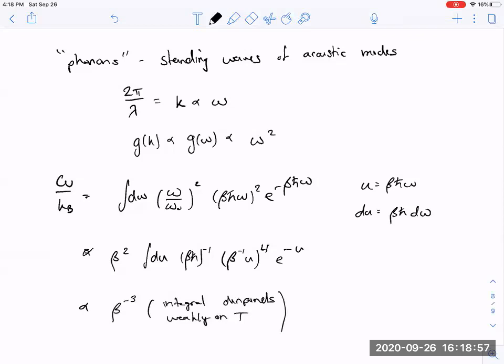Beta to the minus 3 is just another way of saying temperature to the 3rd, and consistent with experimental observations. So in this epic showdown between Einstein and Debye, Debye won out. He had some hindsight of experimental knowledge to inform his model. Not really a fair fight.